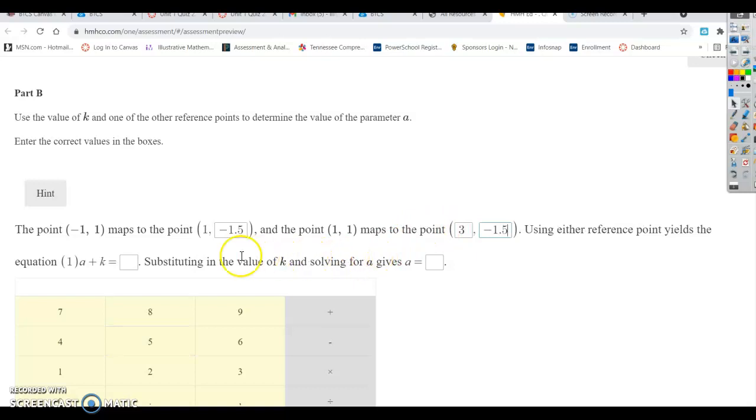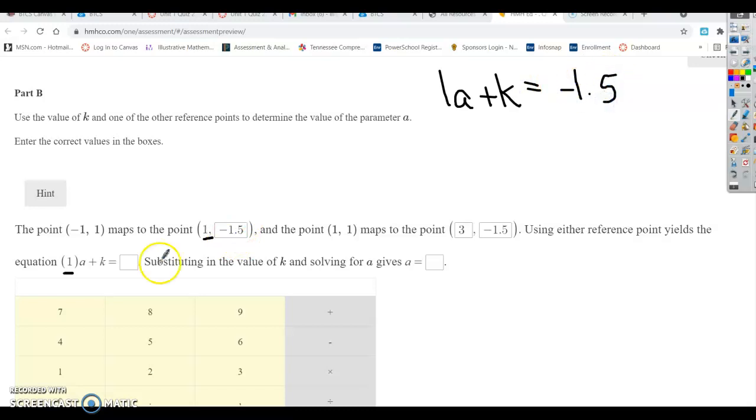Using either reference point yields the equation. All right, so using either reference point, they've started with the first reference point, and I know this because they're using a 1 here. So we're going to say 1a plus k equals -1.5.